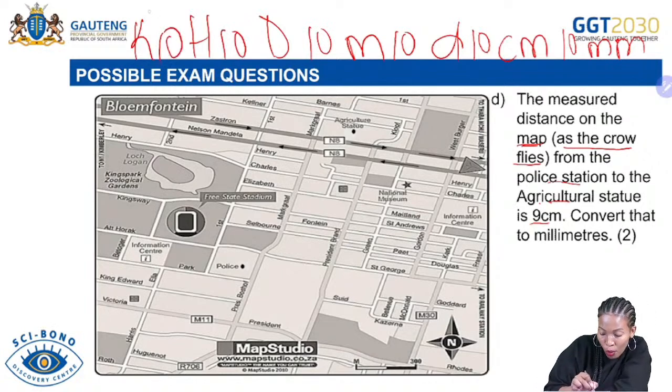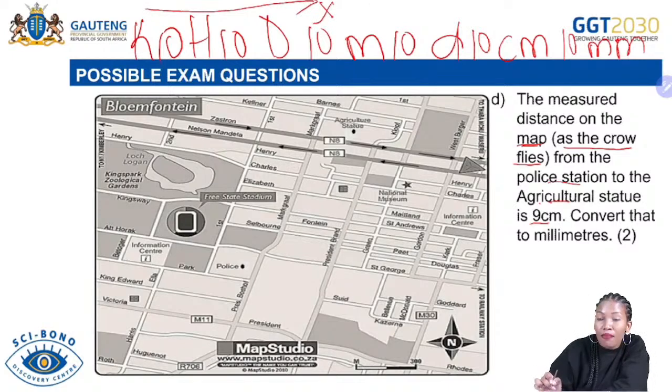And we all know when you are moving from a larger unit to a smaller unit, you are going to multiply. From a smaller unit to a larger unit, you are going to divide. In this case, we are converting centimeters to what? To millimeters, meaning we are moving from a larger unit to a smaller unit. So we are going to multiply, and multiply by what?